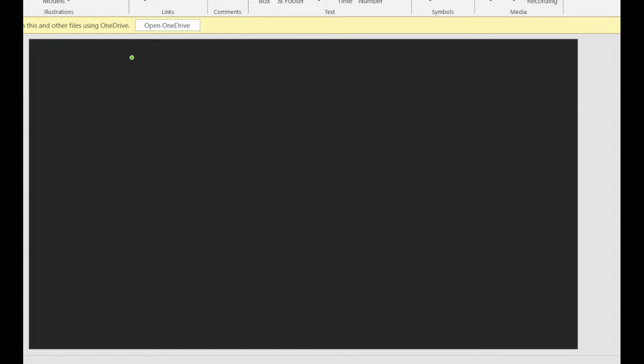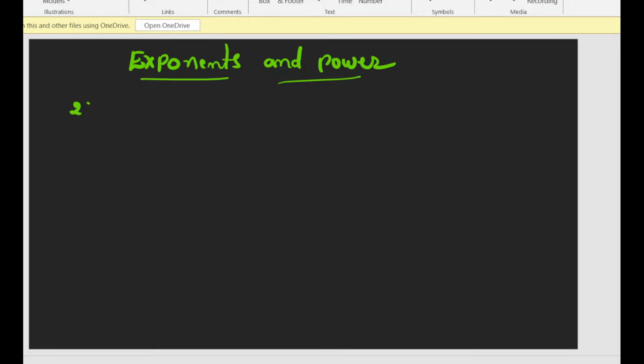Exponents and power. If you look at here, if you are writing 2 into 2 into 2 into 2, how many times are you multiplying 2? 4 times.